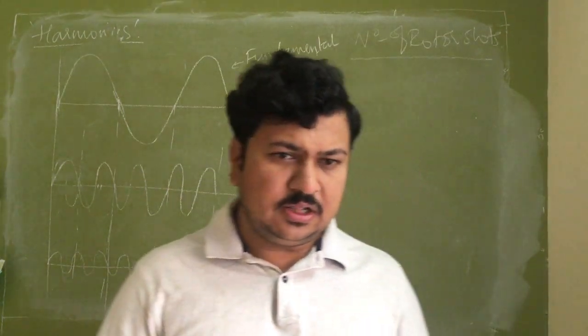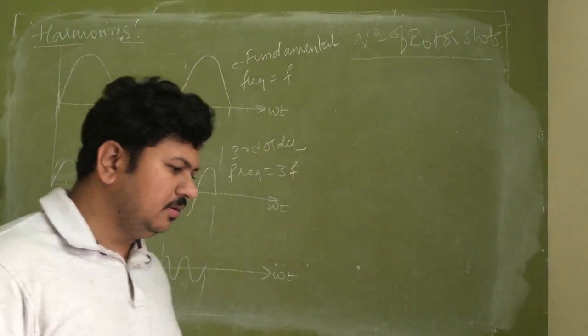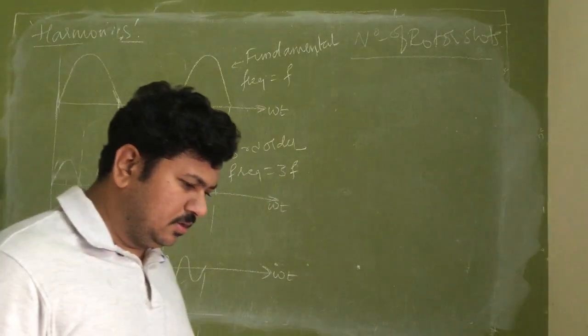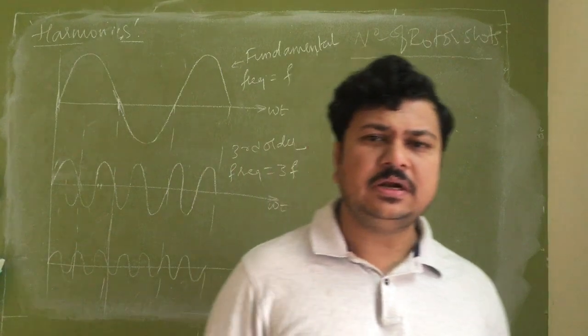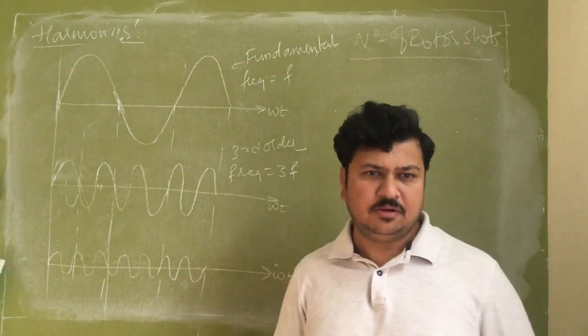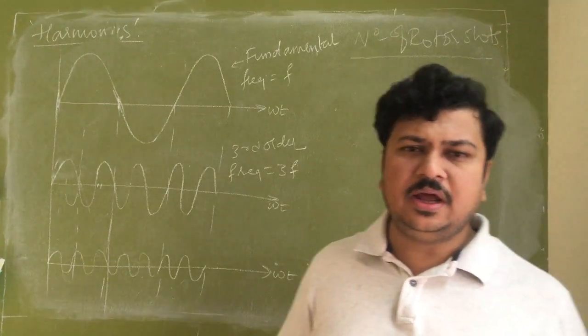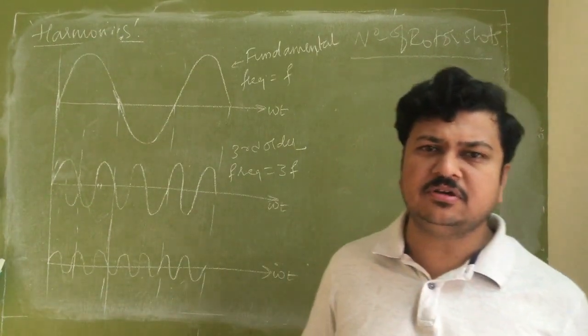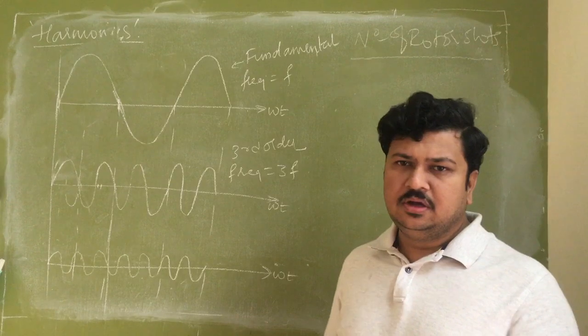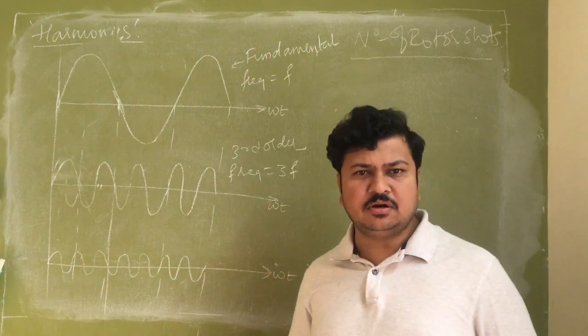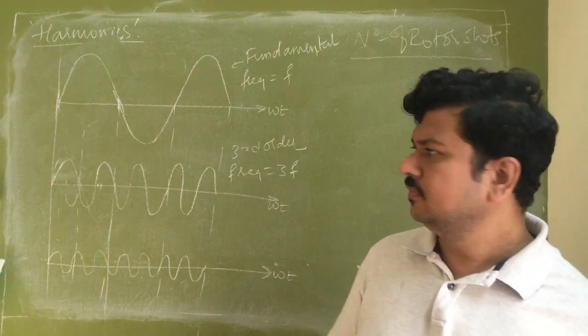The rotor may refuse to start at all, or even if it starts, it will run at very subsynchronous speeds, where the torque developed is not sufficient to drive the load.